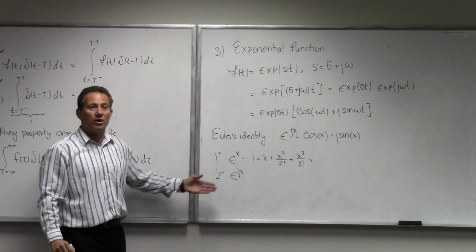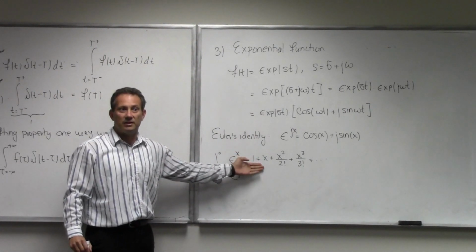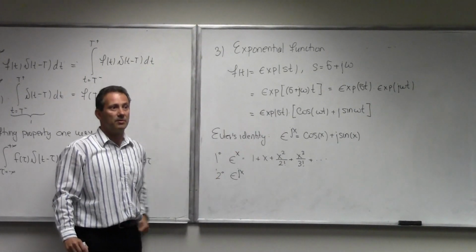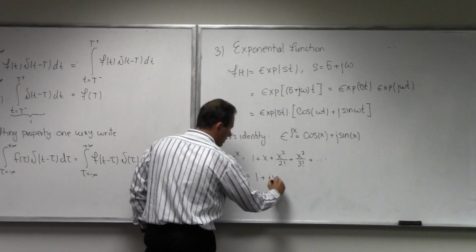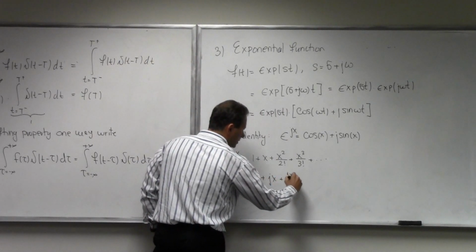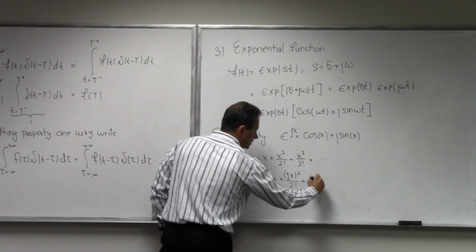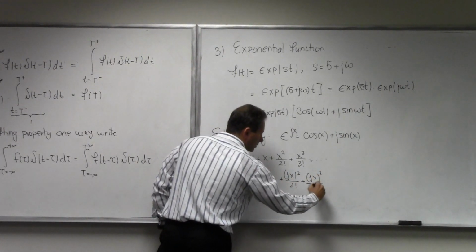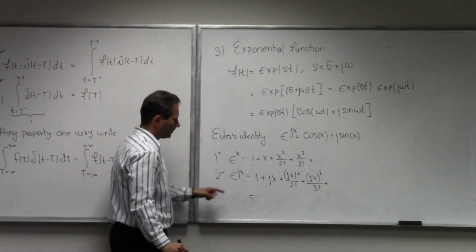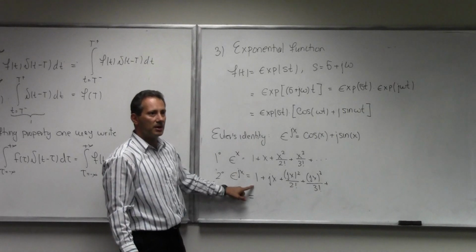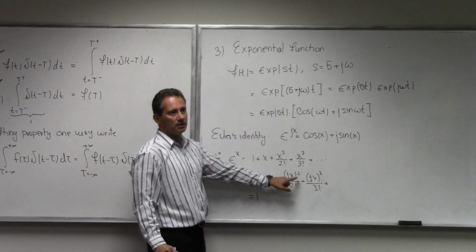Now, the second thing: let's substitute e to the jx in here. So what is the definition of e to the jx? Well, it's exactly this, when instead of x I put jx. So if I plug this in, this becomes 1 plus jx plus (jx) squared over 2 factorial plus (jx) cubed over 3 factorial plus so on. Now we carry on. Let's separate real and imaginary part. I have real 1. (jx) squared is what?